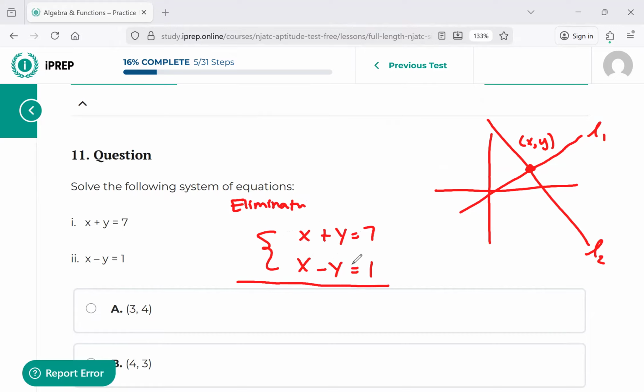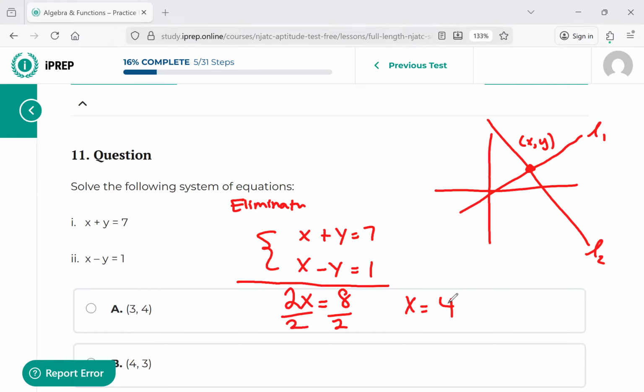It's probably obvious that the y's cancel nicely. If you add them up vertically, the y's cancel. So 1x plus 1x is 2x, the y's cancel, and 7 plus 1 is 8. Solve for x by dividing both sides by 2. 8 divided by 2 is 4.